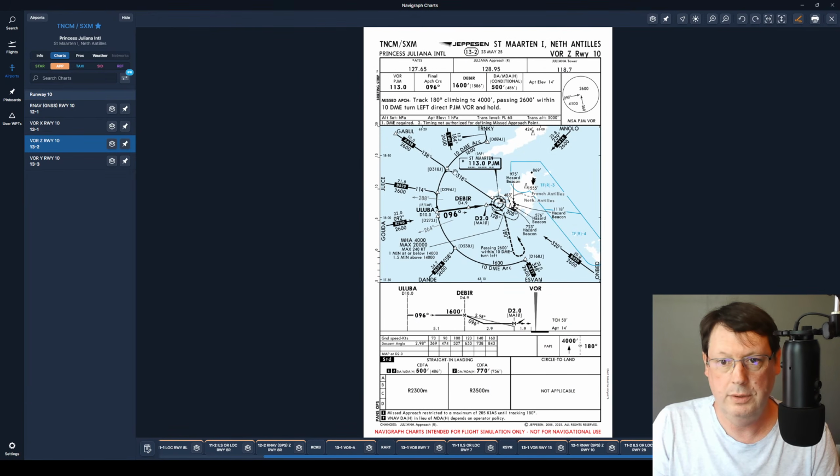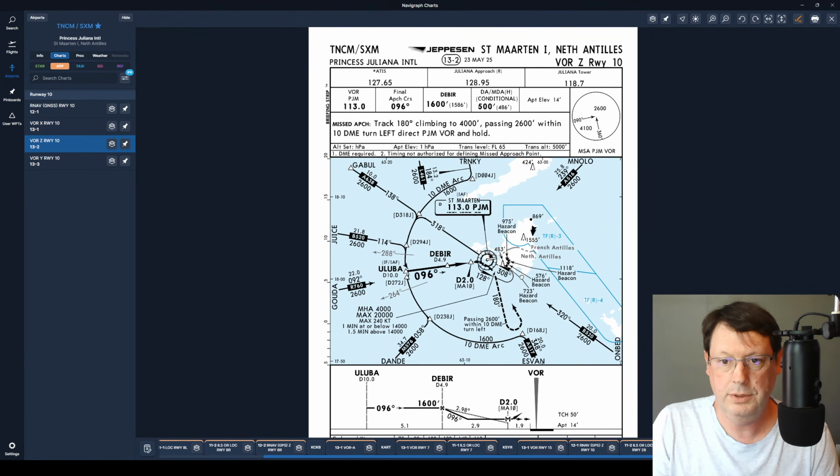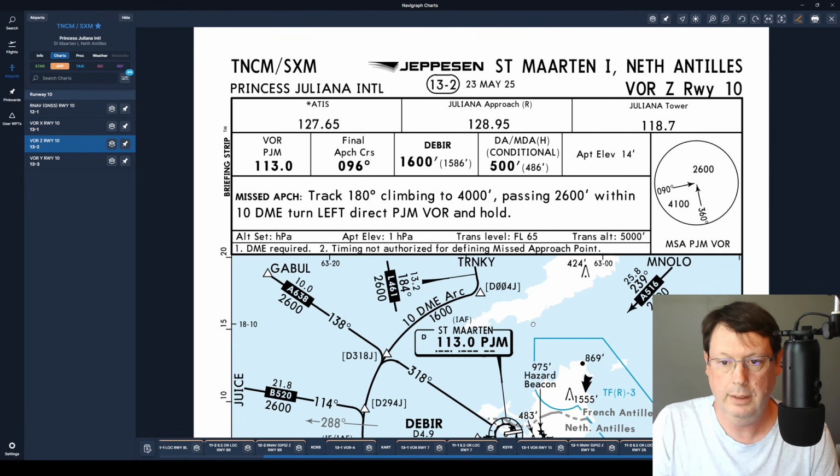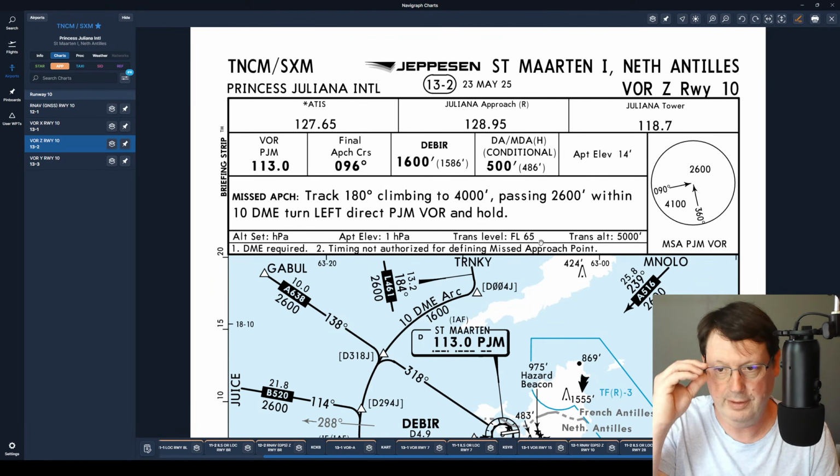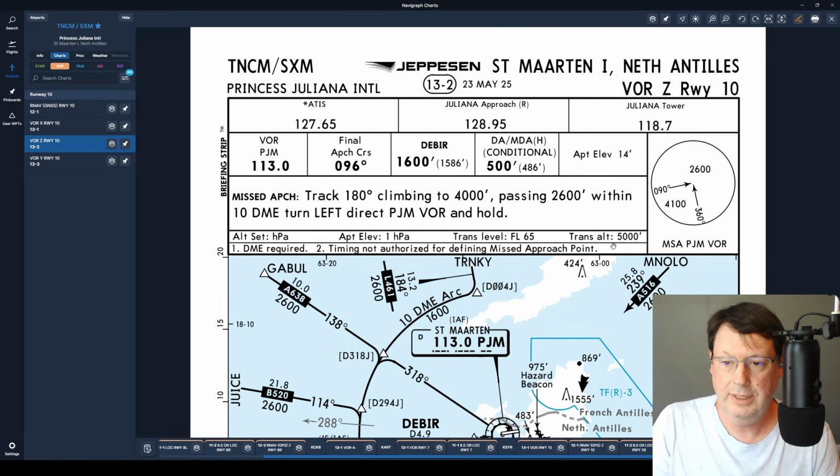But this is the VOR Zulu approach into Princess Juliana Airport in St. Martin in the Caribbean. You can see transition level, flight level 65, 6,500 feet for the rest of us. And transition altitude is 5,000 feet. So those two things are different.